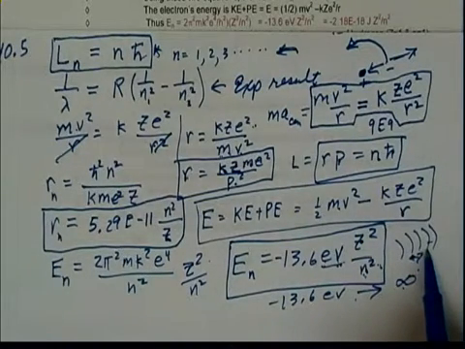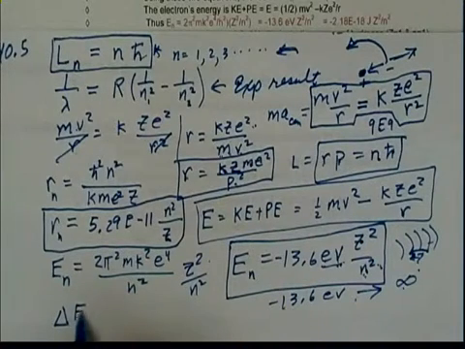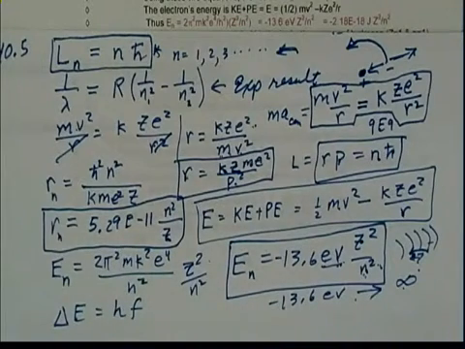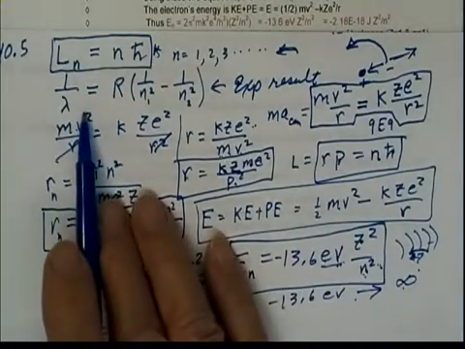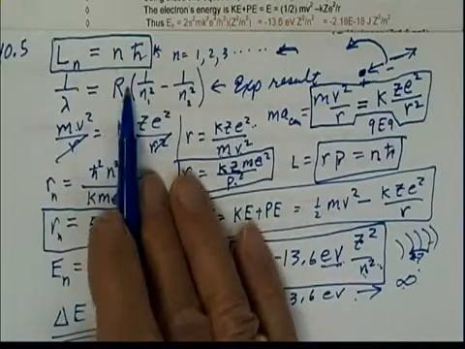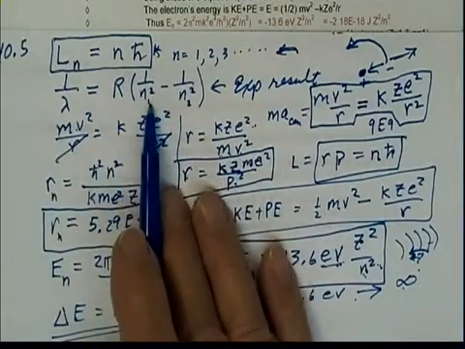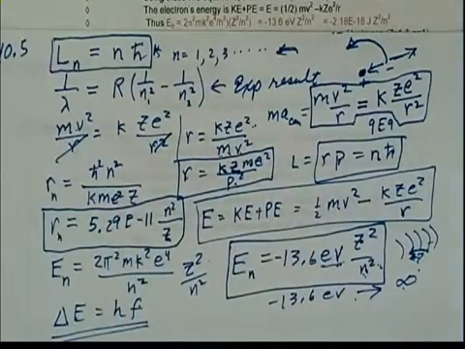If an electron drops from one energy level to another one, then I can look at the change in energy, and the change in energy must be equal to h times the frequency, by Einstein's original equation, and therefore this gives us the frequency of light. Likewise, one can then rederive this equation for the wavelength of the light and actually derive this constant and prove that it's 1 over the N squared between the two orbits.